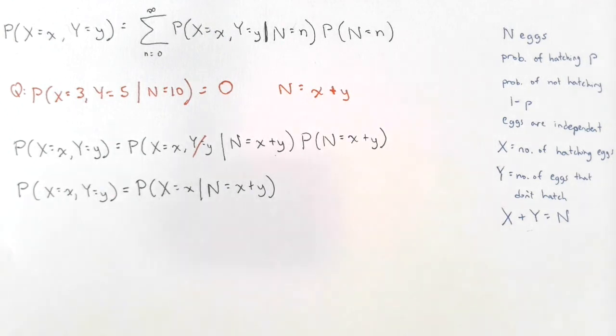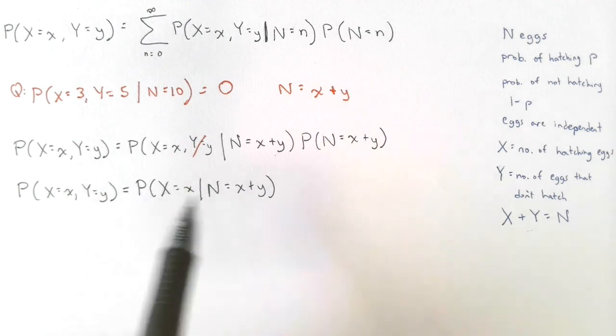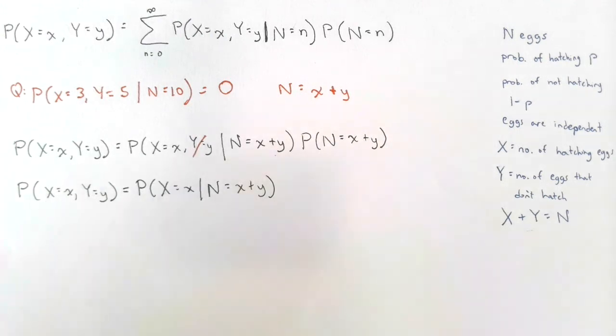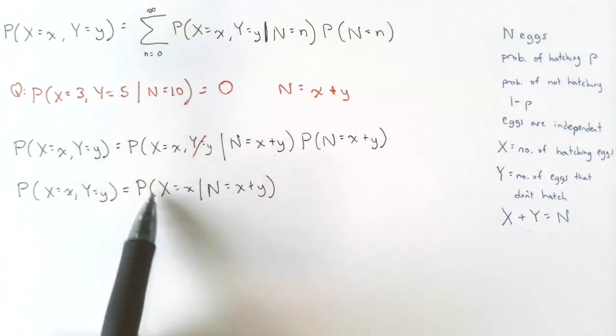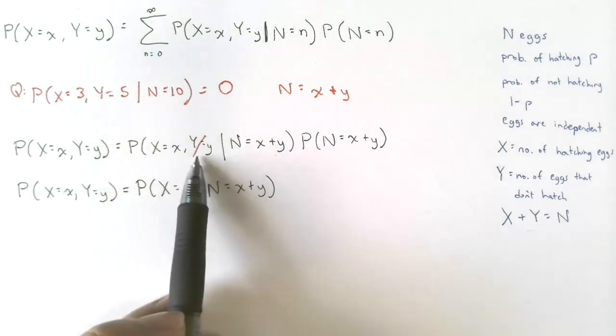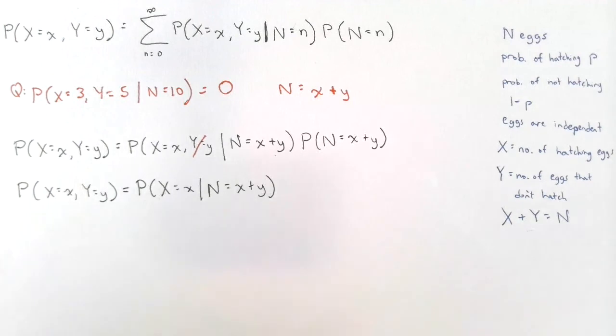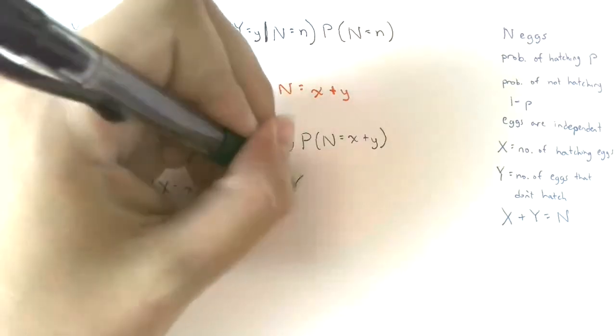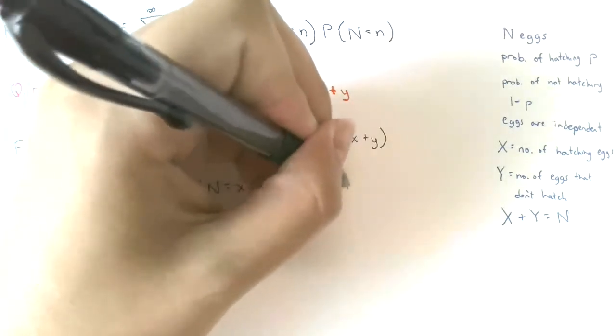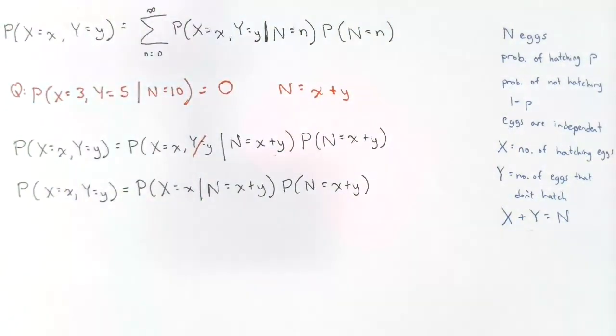Yes, y has to equal 8. If you know x and you know n, y becomes redundant, so you don't have to include it here. Because if x equals little x and n equals x plus y, then by definition y has to equal this value. So it's redundant, and we can simplify our expressions just a little bit more.